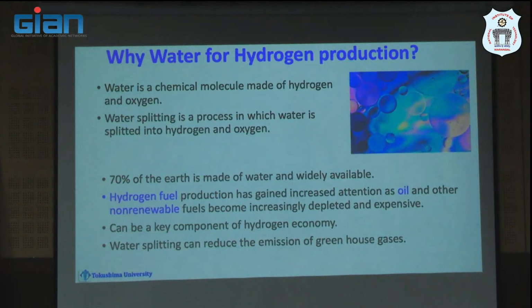We are not interested in oxygen. So water is chosen because it consists of hydrogen, and our target is to create hydrogen. Water splitting is the process in which water is split into hydrogen and oxygen.